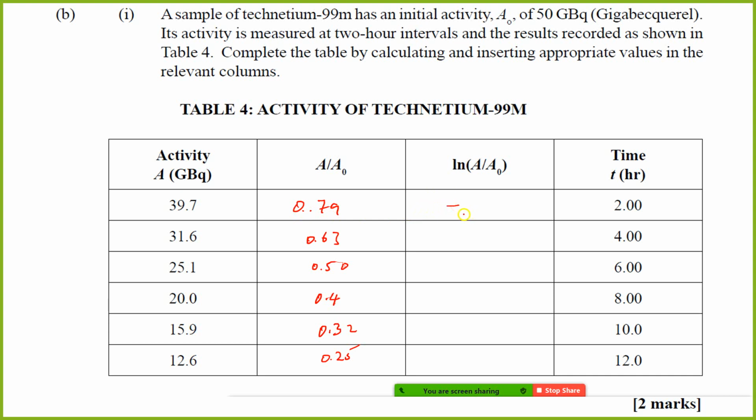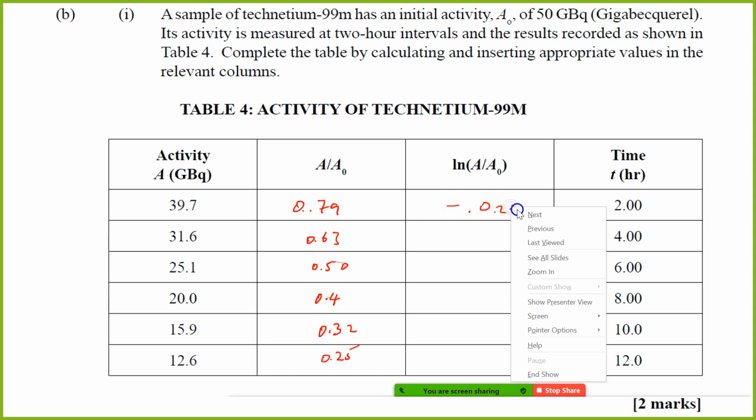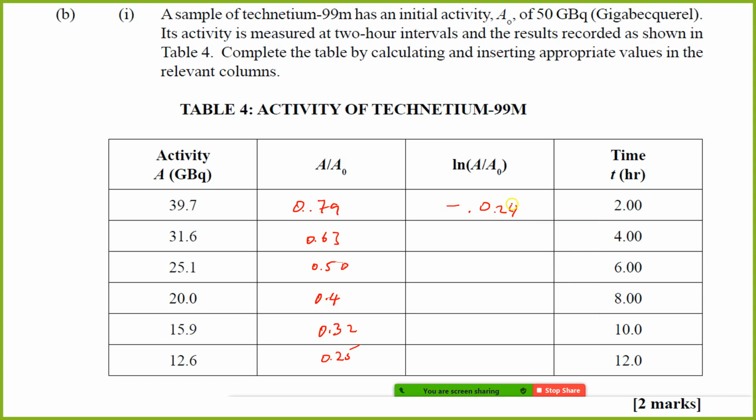I get, let me know if you get a negative number now. Yeah, 0.24, right? Then now ln of 0.